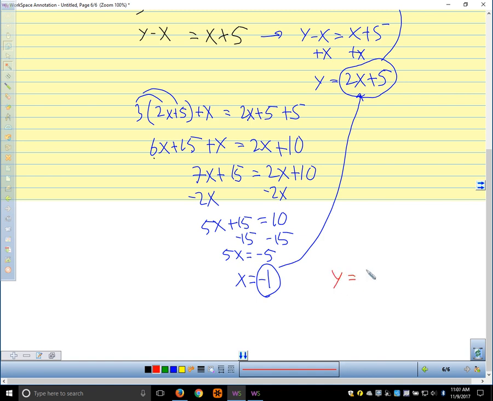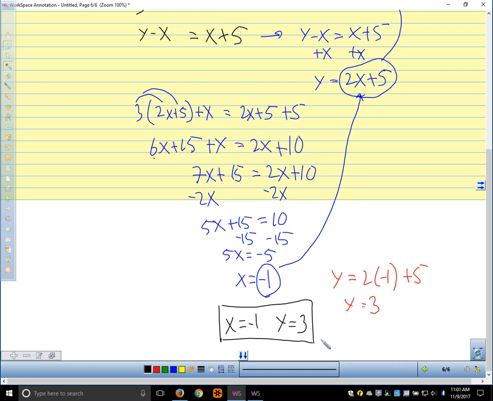So we get y equals 2 times negative 1 plus 5. So y equals negative 2 plus 5 is 3. So my solution is x equals negative 1 and y equals 3. And that would make those two triangles congruent by hypotenuse leg. The hypotenuses would be the same, the legs would be the same.